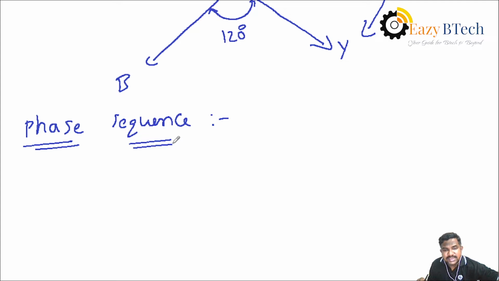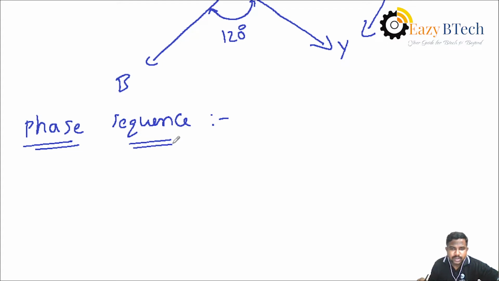Whenever the phase sequence is reversed, the rotation of the three-phase motor is also reversed. That's why, in order to obtain the perfect running of the induction motor, you must apply the perfect phase sequence.